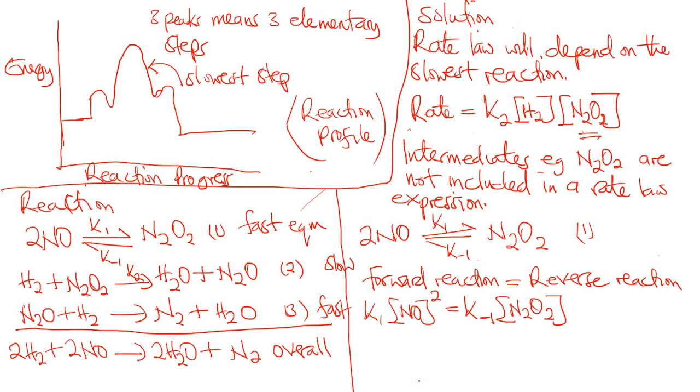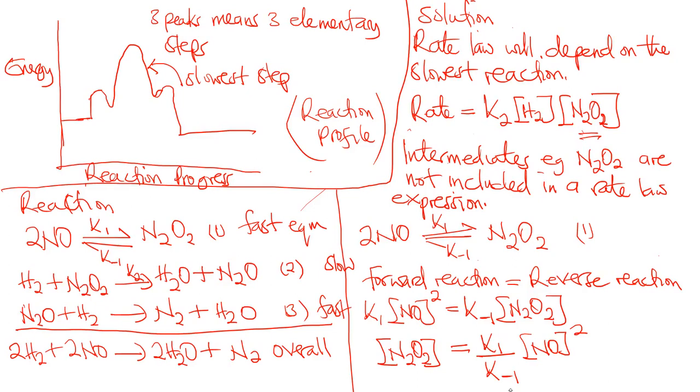So this means the concentration of N2O2 is equal to K1 over K-1 times NO squared, which means everywhere there is the concentration of N2O2, we can put K1 over K-1 times NO squared.